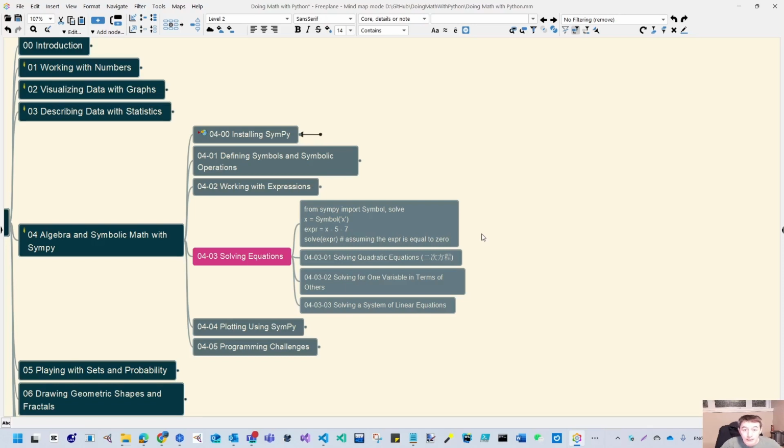We will then use this solve mechanism to practice solving quadratic equations, and also to solve for one variable in terms of others. If an expression has multiple variables, we can point out which variable we want the solution for.